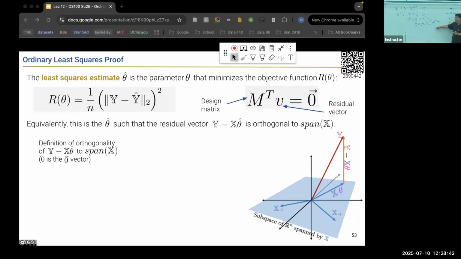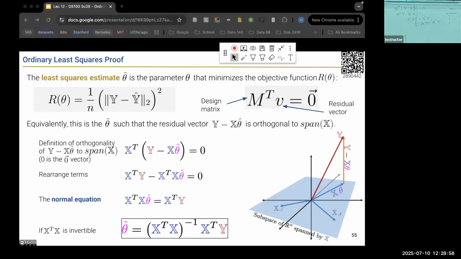And that's what my minimizing theta hat is. It's going to be a vector of p plus 1 thetas.